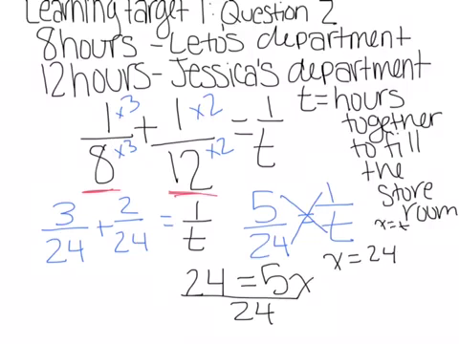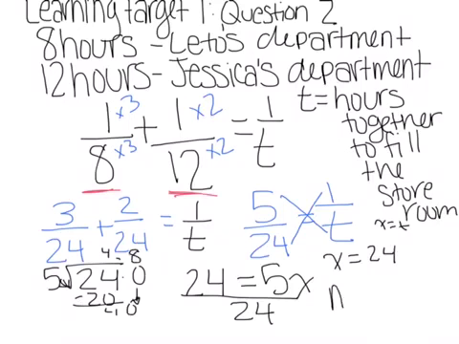So now you're going to divide to figure out your answer. So it's going to be 24 divided by, sorry, wrong order. 24 divided by 5. So then it's going to be 24 minus 20 is 4, bring down the 0, and that's going to equal 8.